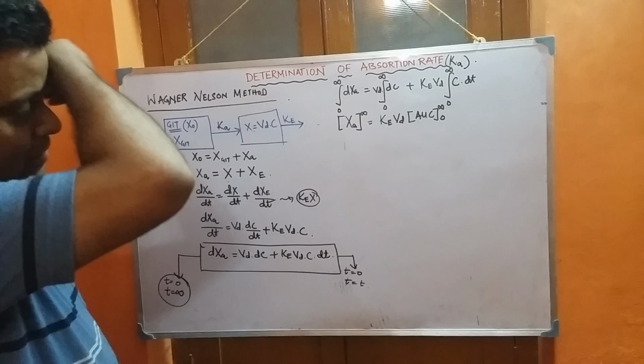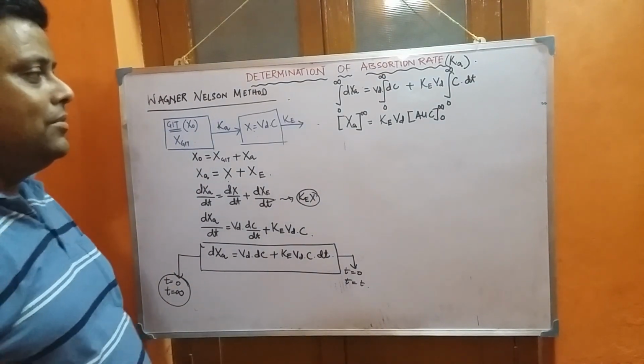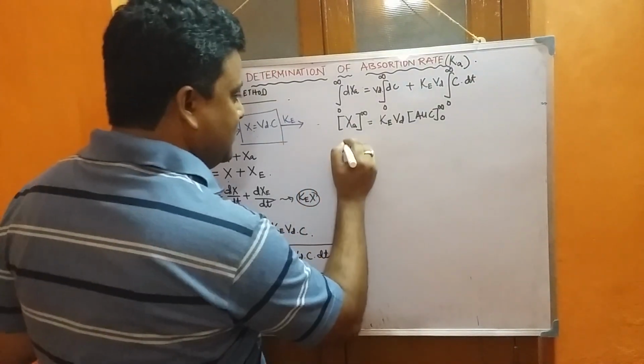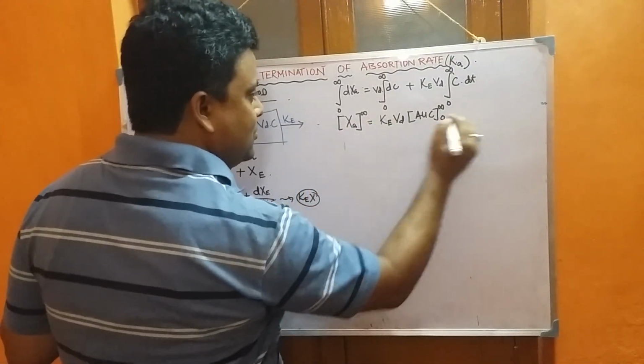So CDT represents AUC 0 to infinity. So this one we are getting. Another thing, if you consider, this is one equation.